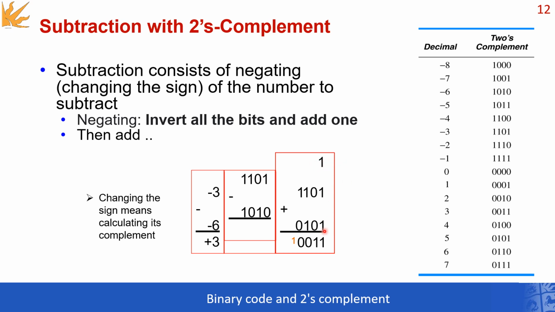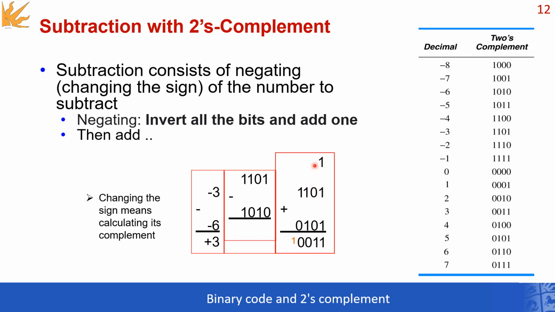So, as you can see, the process of doing a subtraction with 2's complement is as easy as just a simple addition. The only thing you need to do is take the second number, the number that you want to subtract, flip all the bits, and then when you try to do the addition, remember to add 1. Now, if you go through this example one by one, you'll find out that the results are easy to find. 1 plus 1 gives you a 0 and a carry, but then you add 1 as well, so that 0 is converted to 1.